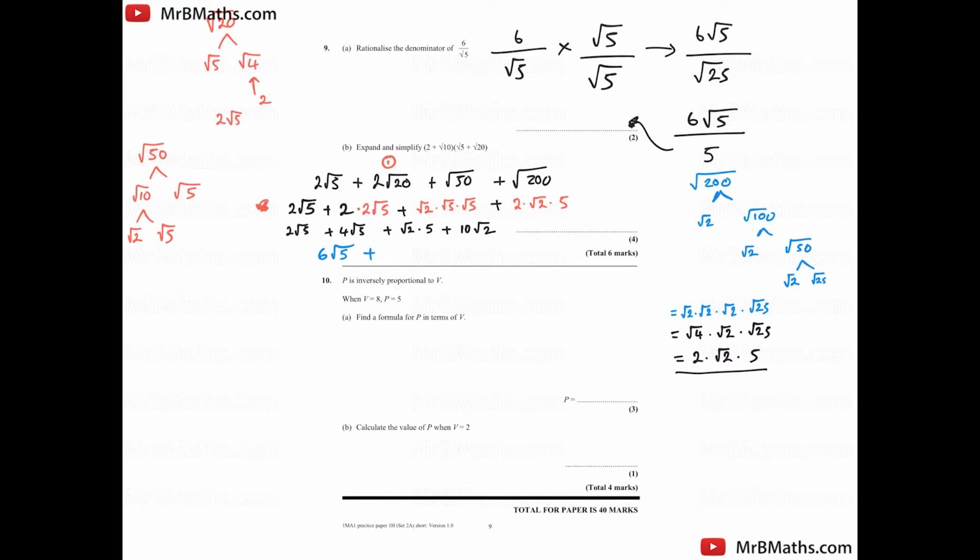So I've got 5 lots of root 2. Then you can see I've got 5 lots of root 2 plus 10 lots of root 2. And that would give me 15 lots of root 2. And that would be my simplified answer.